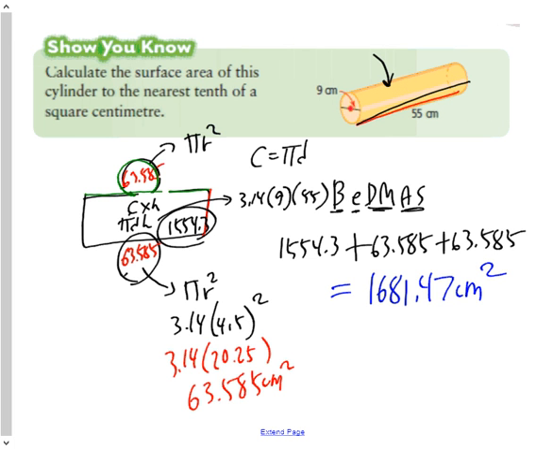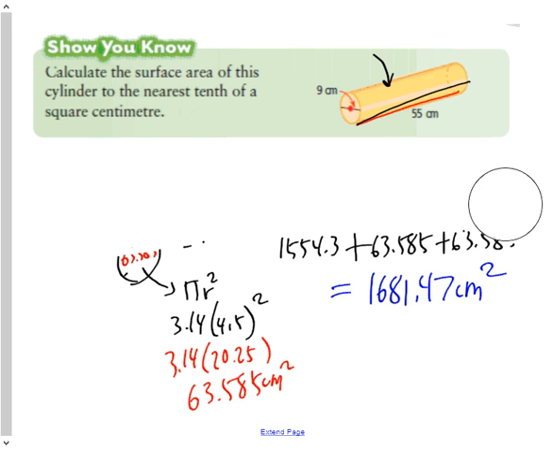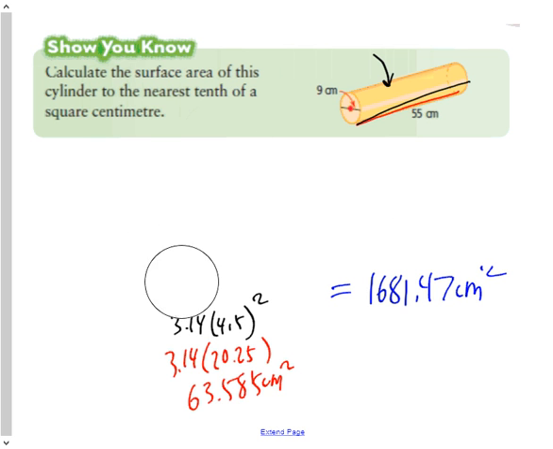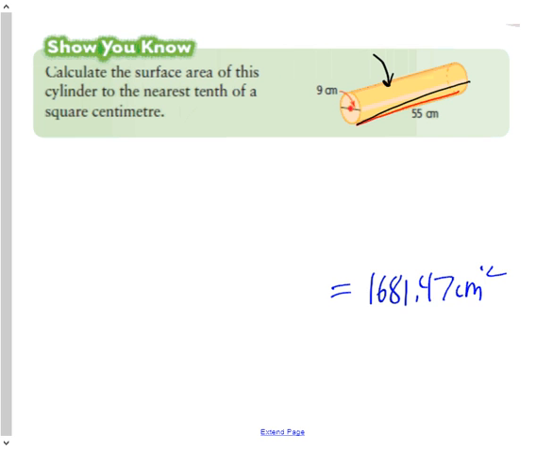Now, alternatively, instead of drawing the net and doing all this work, what could I do instead? I could write a formula. And the formula in its most basic form is two circles plus one rectangle.